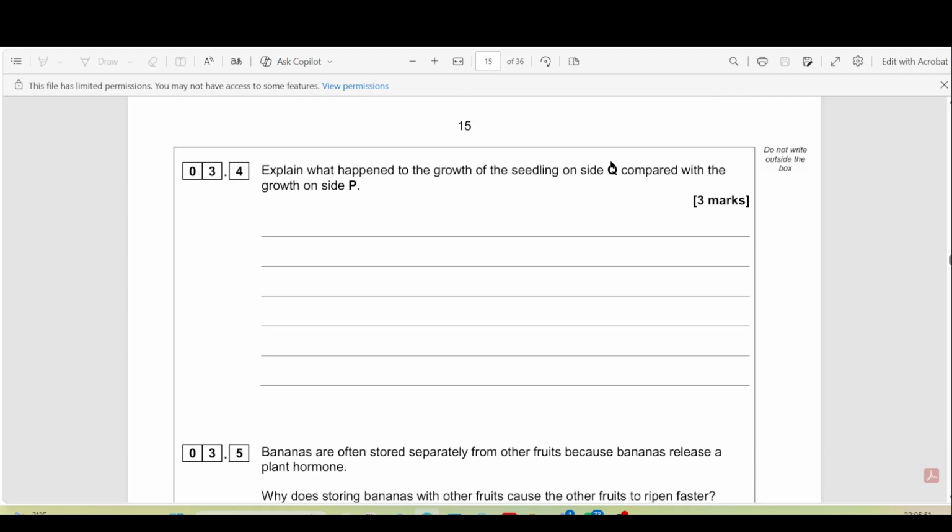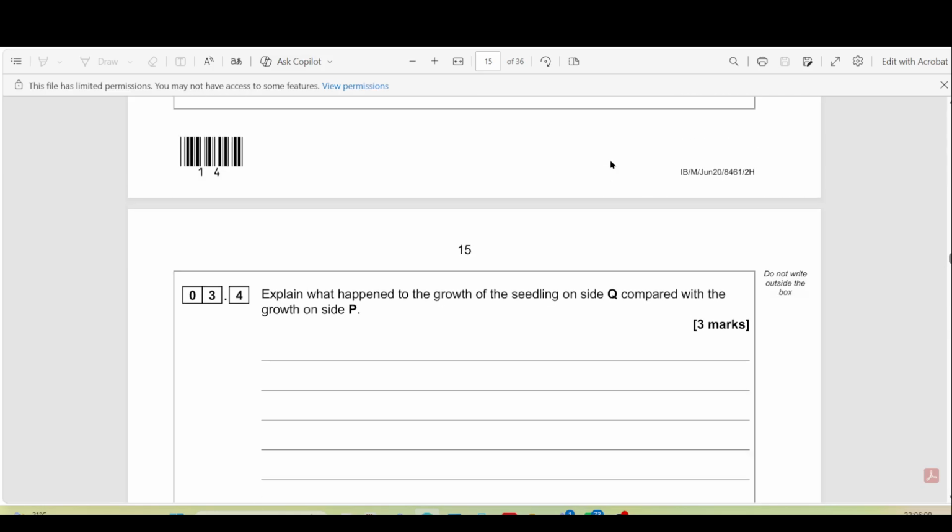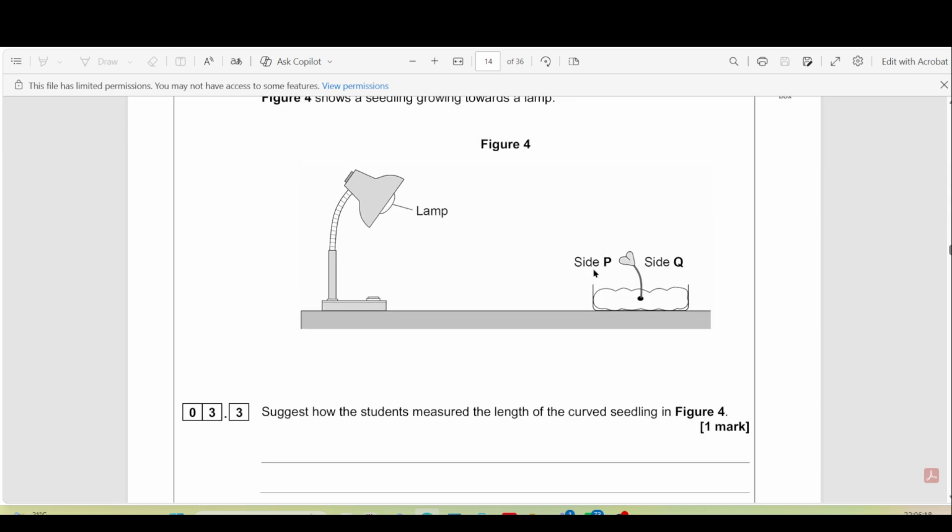Explain what happened to the growth of seedlings on side Q compared with the growth on side P. The auxin in the shoot of the seedling moved to side P because it was attracted by the light, for growth.